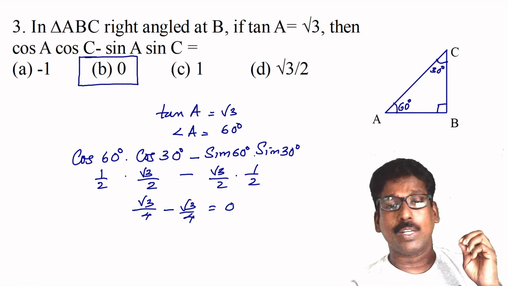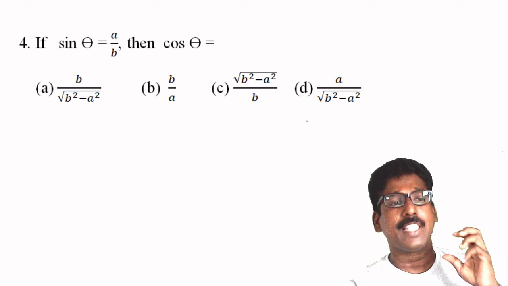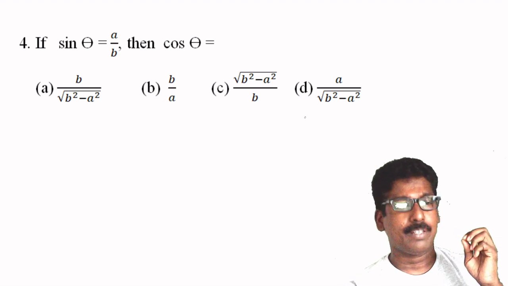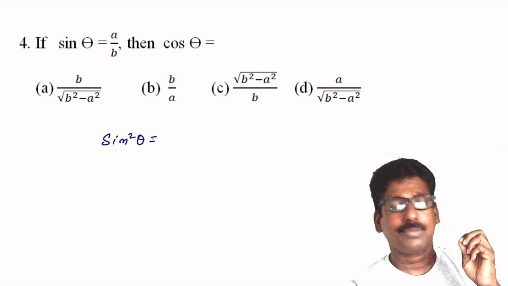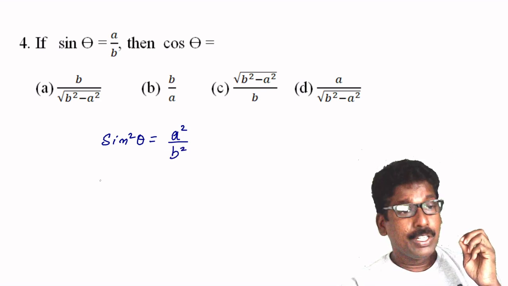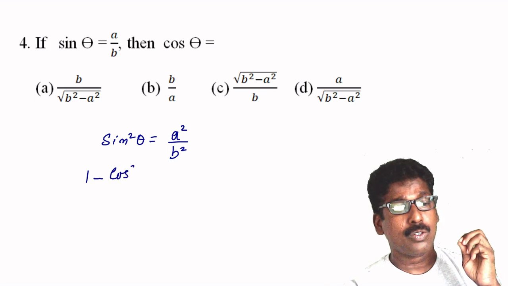Now let us look at the next question. The next question is, sin theta is equal to A by B, then what is the value of cos theta? Now sin theta is A by B, so what is sin square theta? Squaring both sides, it is A square by B square. Now sin square theta, you know, is 1 minus cos square theta. That is A square by B square.